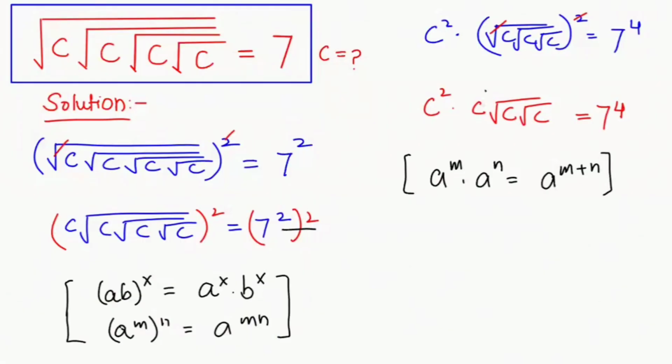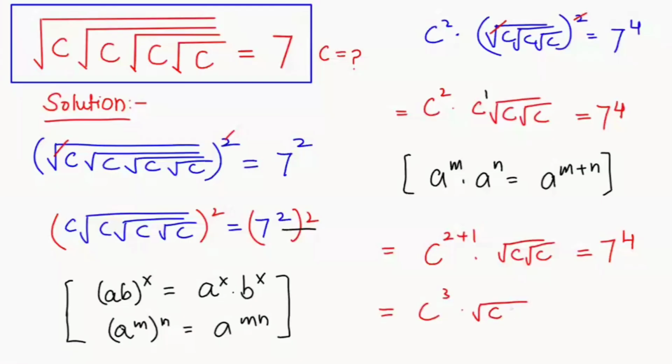So here we have one power, so I'm going to add up the powers. C to the power of 2 plus 1 times root of c of root of c equals 7 to the power of 4. This will turn to c to the power of 3 times root of c times root of c equals 7 to the power of 4.